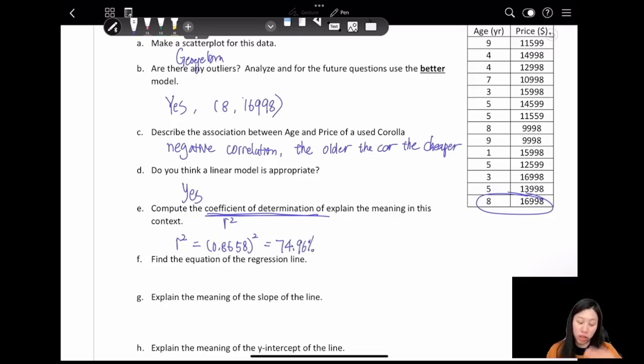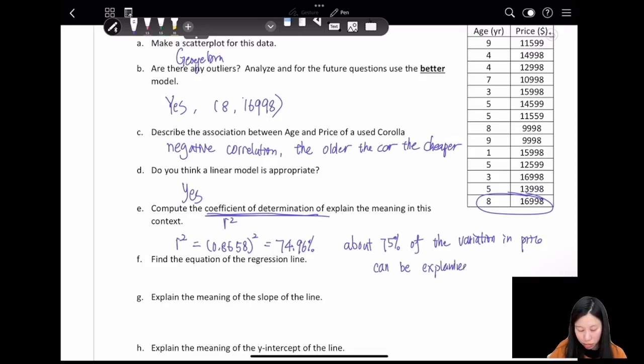So we also need to explain the meaning in the context. So we can say, about 75% of the variation in price can be explained by the age of the car.